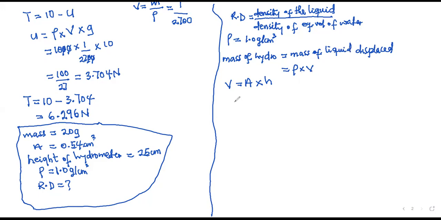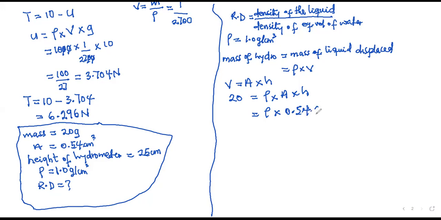So we have mass of the hydrometer equal to 20 grams. This is equal to the density of the liquid, which is unknown, times the volume of liquid displaced, which is equal to the cross-sectional area times the height of the hydrometer submerged. Density, which we are looking for, is rho, and area is 0.54.